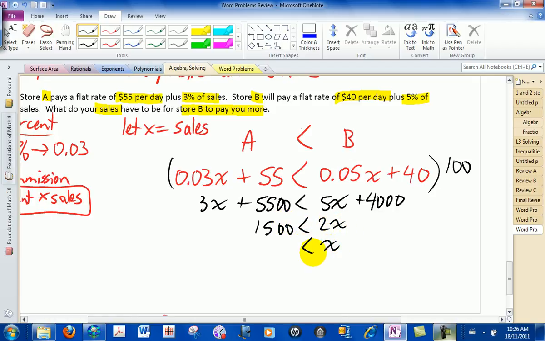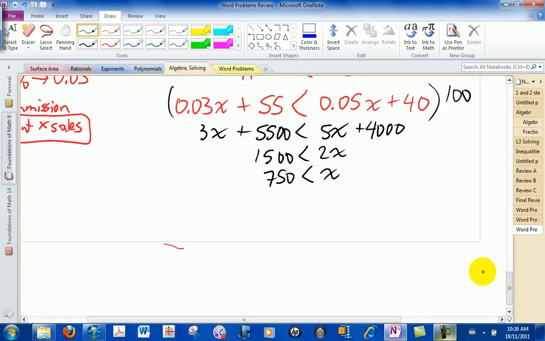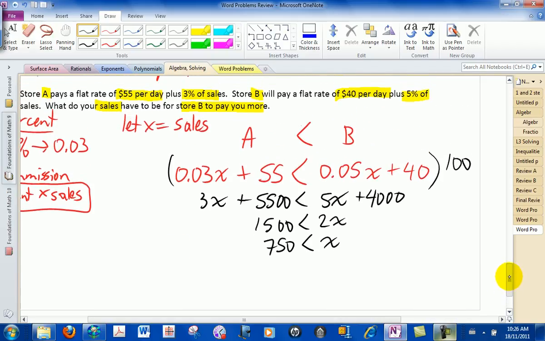See, Herman, don't need a calculator. Okay, so now we have to interpret what it means in a sentence. So read your question again, figure out what X is, figure out a sentence. That's going to be $750 in sales.